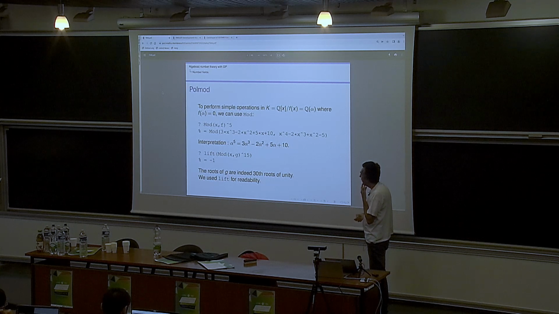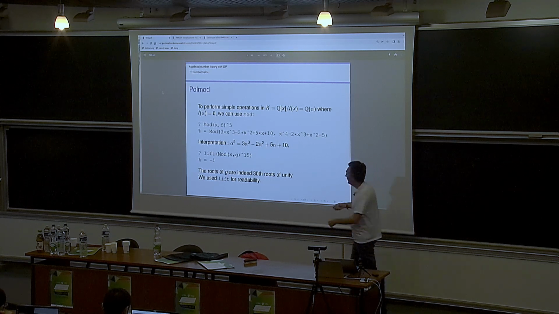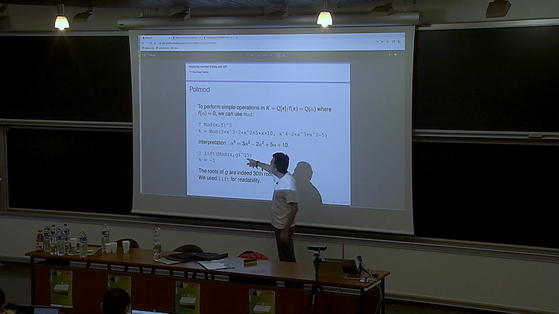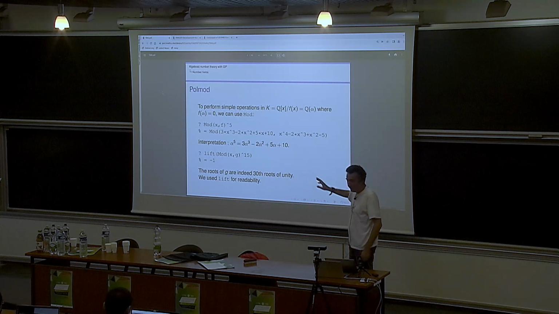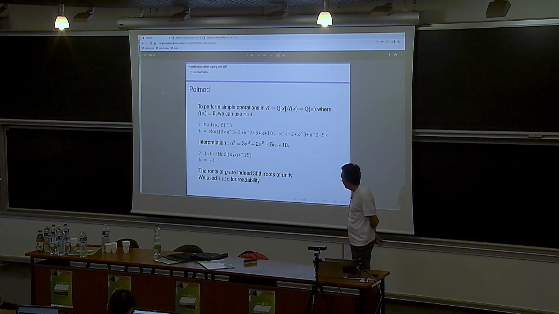Okay, and you can use lift to remove the Mod because it's more readable. For example, if you take x^15, you get minus 1. This is because this is the 30th cyclotomic polynomial. So by definition, x^30 is 1, so x^15 should be minus 1.